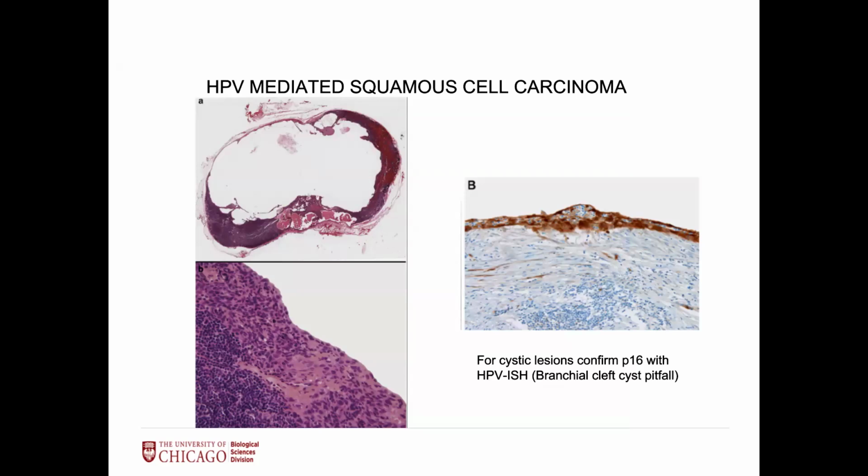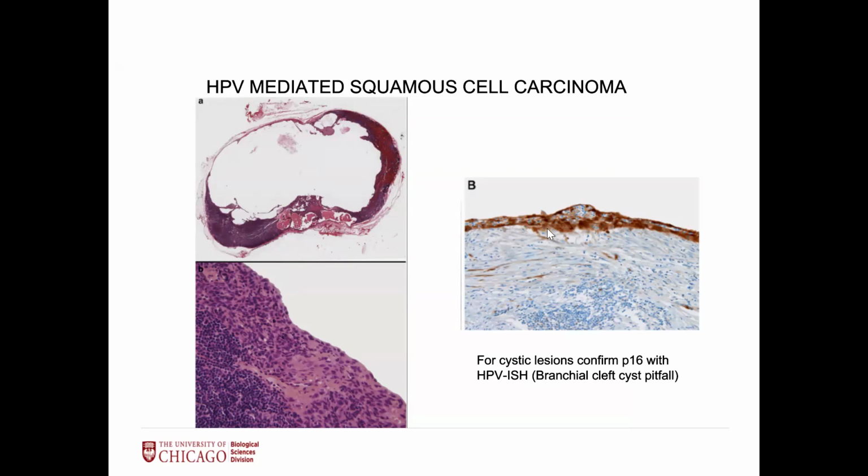They can be cystic. So a patient comes in with a big cystic mass in the neck, and people say it's a branchial cleft cyst. And they do P16 and it's positive. Branchial cleft cysts can be P16 positive. So you need to do ISH on your cystic lesions. Your SCC mets can be cystic, but usually the epithelium is going to look atypical.